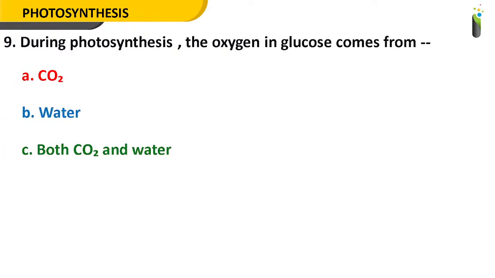C. Both carbon dioxide and water. D. Oxygen via air. So what should be the answer for this? The oxygen in glucose comes from dash.